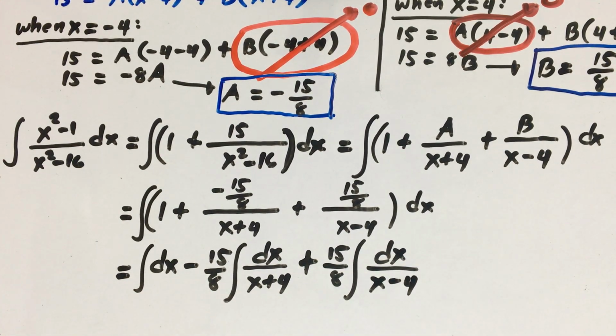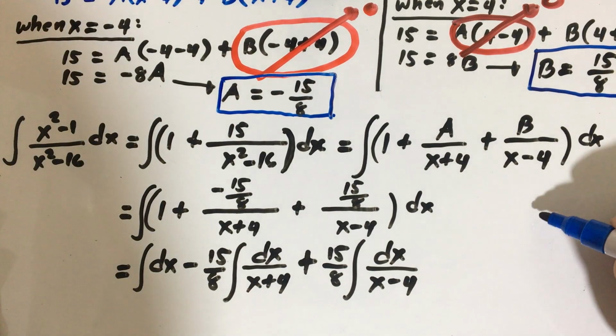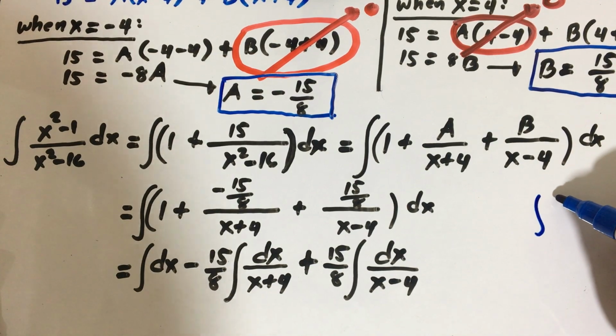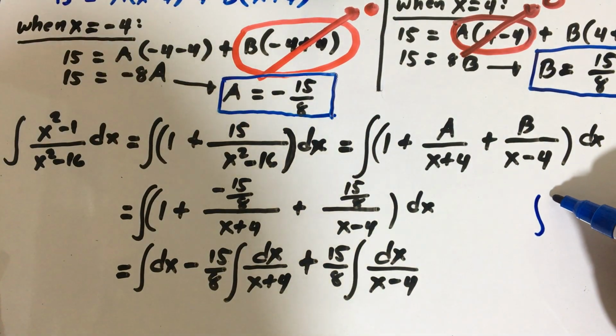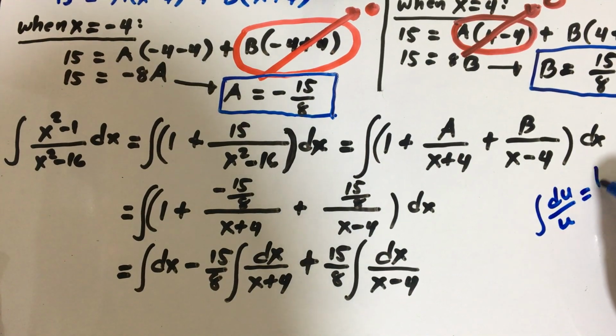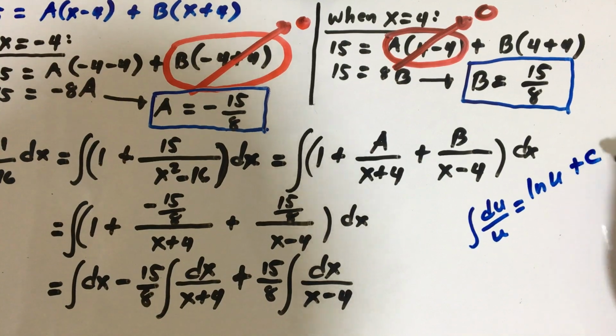Again we are going to use the formula from our previous lectures. We have the integral of du over u is equal to ln u plus c.